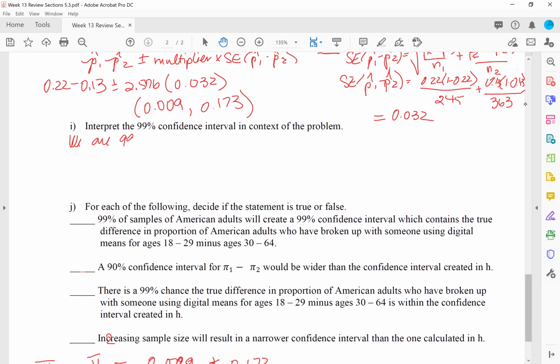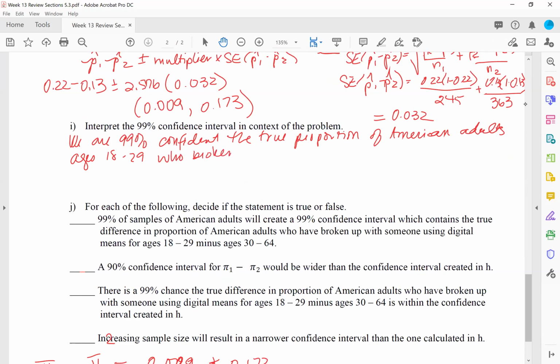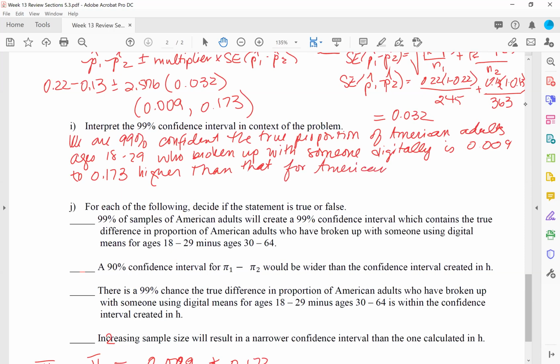So we are 99% confident the true proportion of American adults ages 18 to 29 who have broken up with someone digitally is 0.009 to 0.173 higher, because it's a completely positive interval, than that for American adults (30 to 64).